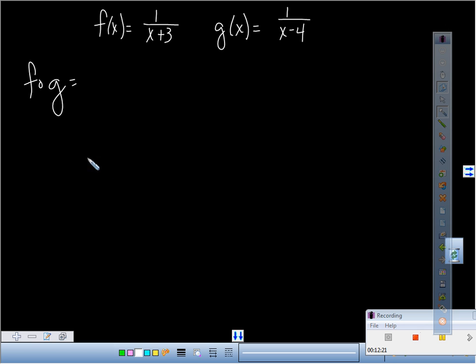It's an early Christmas present, okay? I want you to find f composite g, and after you find it, I want you to tell me its domain. You have 2 minutes. Go.